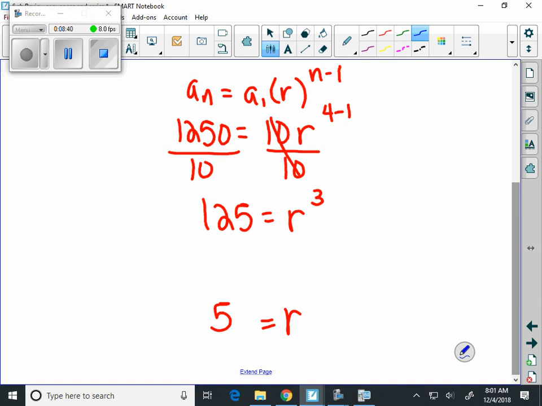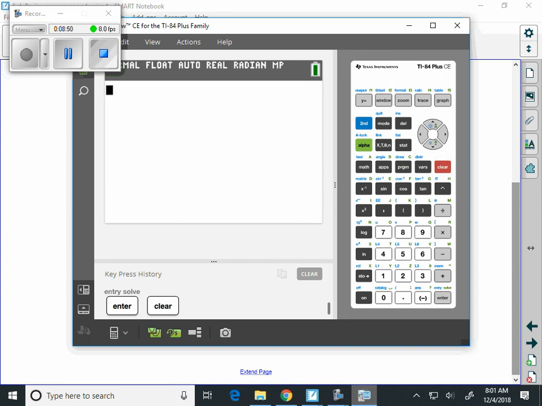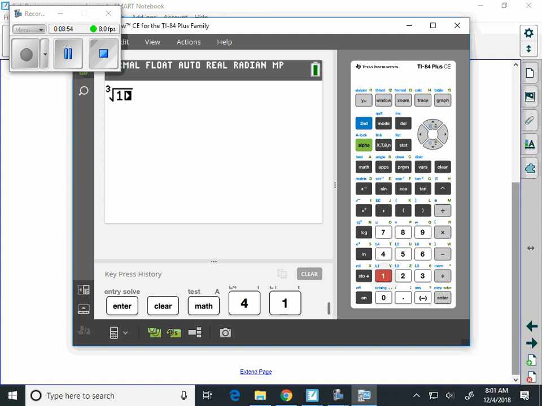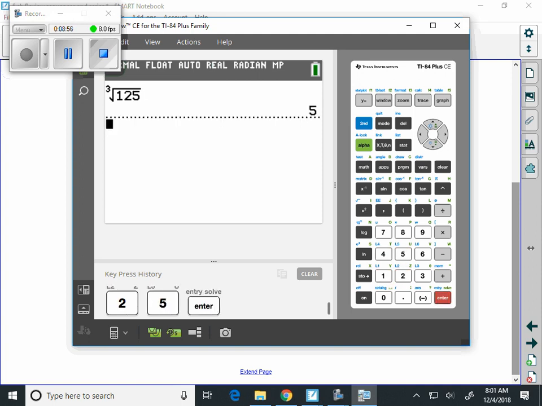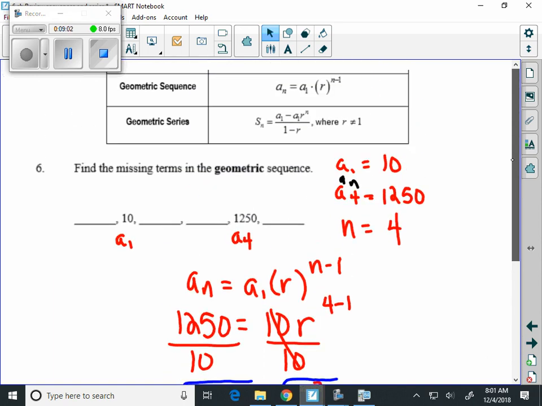The way to undo r cubed here is to take the cube root of 125. And the place that you do that on the calculator is you go to math and number 4 and then type in 125. That's also a place where you can get the 5.